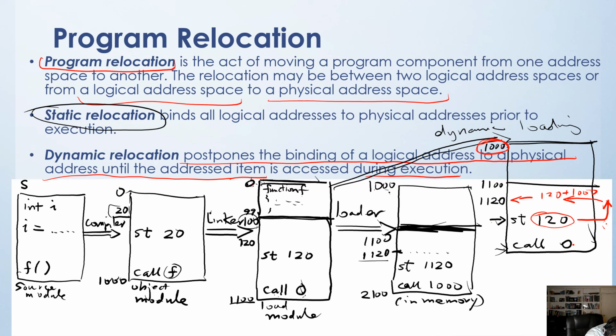Now when you call 0, during dynamic binding, you're going to change the logical address 0 to 1000. So you're going to call 1000. But these two actions happen during runtime, not during compile time or load time. Okay, so that's the difference. That's dynamic loading.